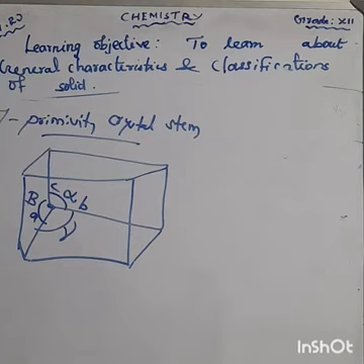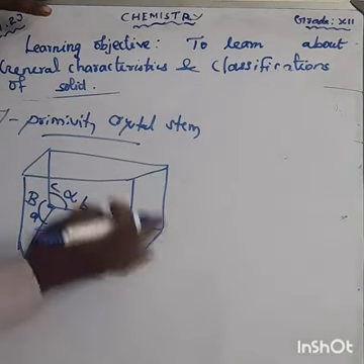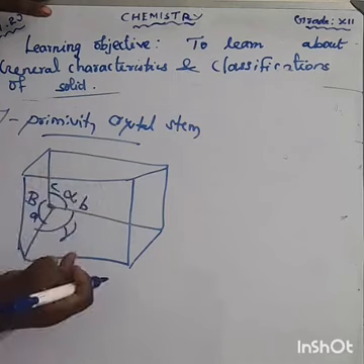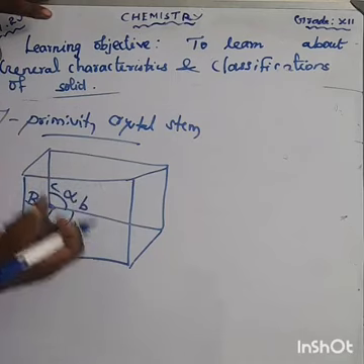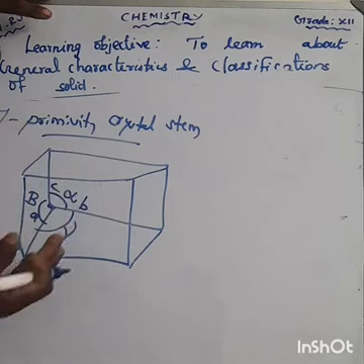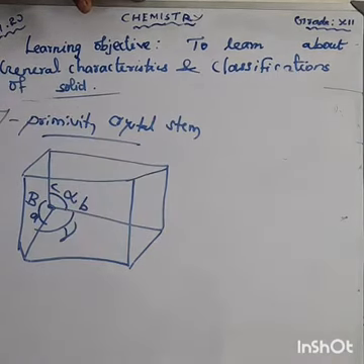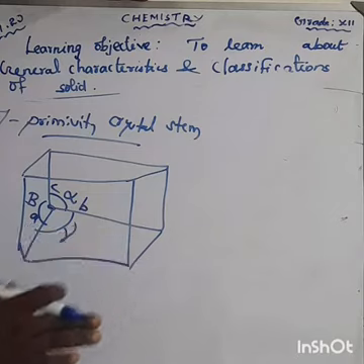We have to draw the 7 primitive crystal systems. One is cubic. Second is rhombohedral. Third is hexagonal. Fourth is tetragonal. Fifth is orthorhombic. Sixth is monoclinic. And the seventh is triclinic. These are the 7 primitive crystal systems.